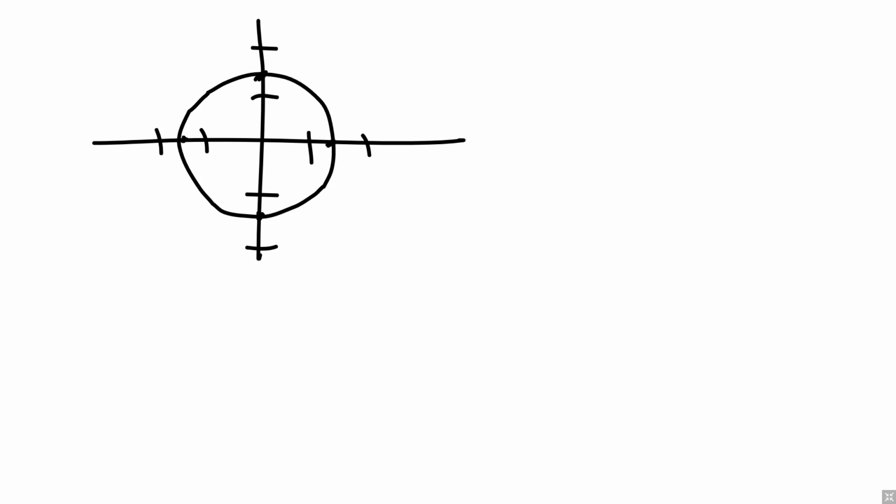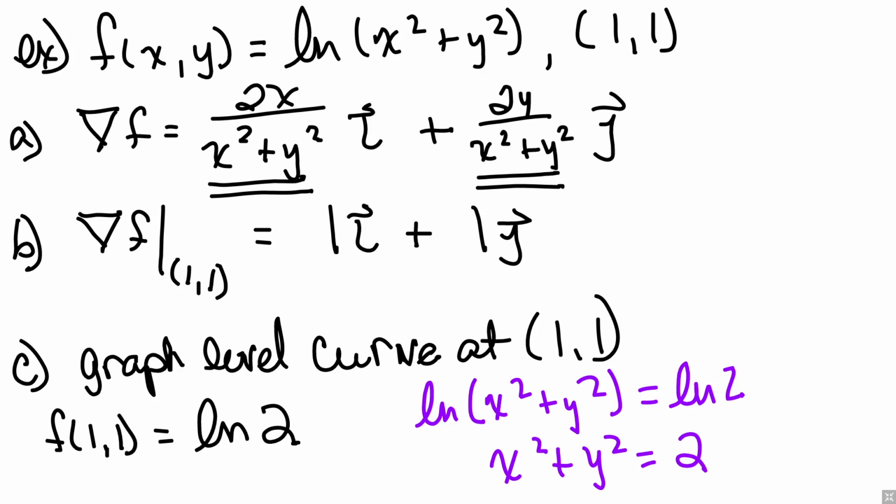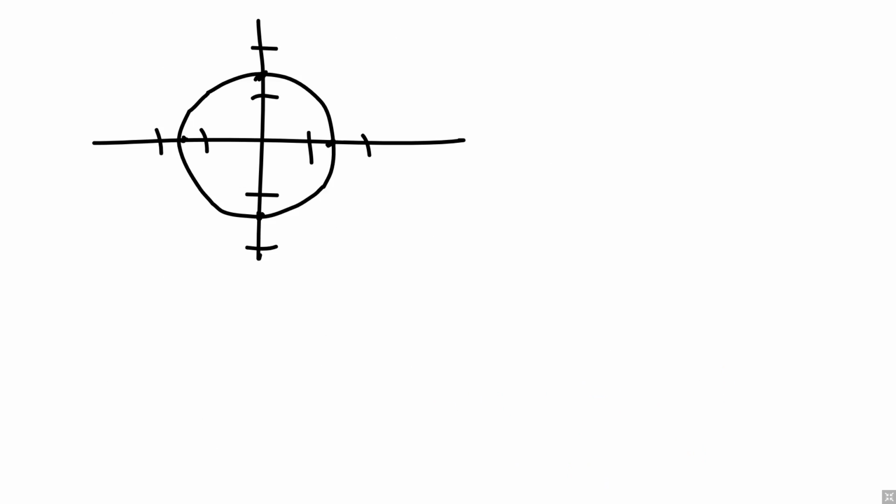And if we put the gradient on here, the gradient is 1, 1. So 1 over, starting here, and going over this way.